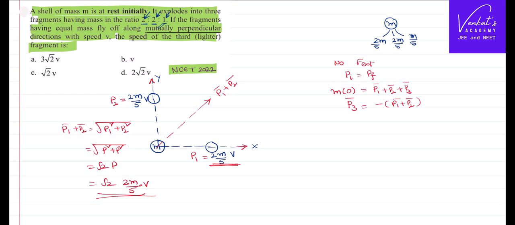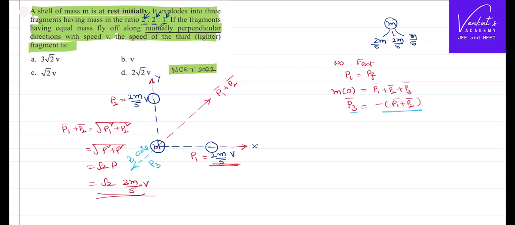Once that is exactly in between them, P3 bar shall be having the same magnitude but in the opposite direction. So this must be our P3, perpendicular to x and y. That means this must be along the z-axis. Be careful with that.